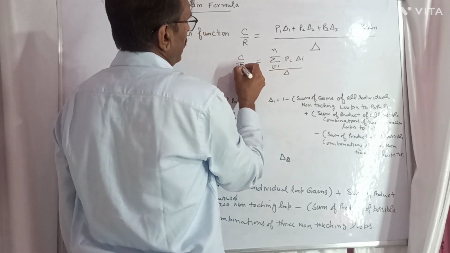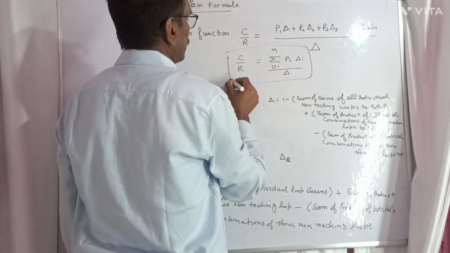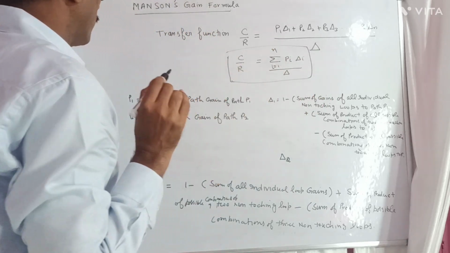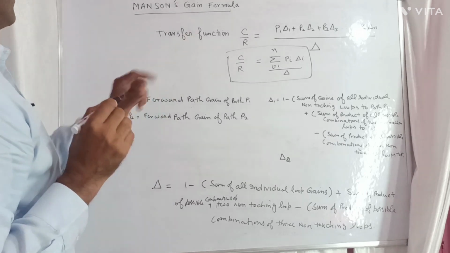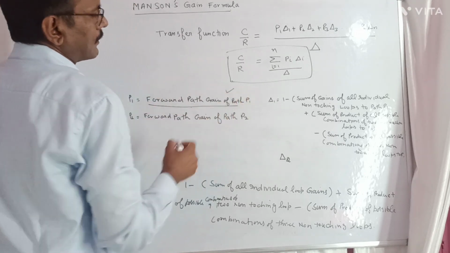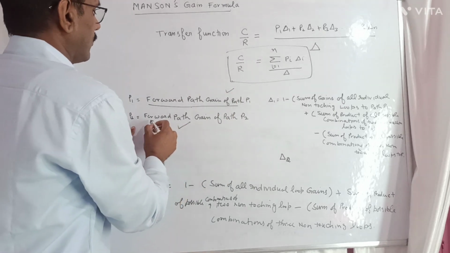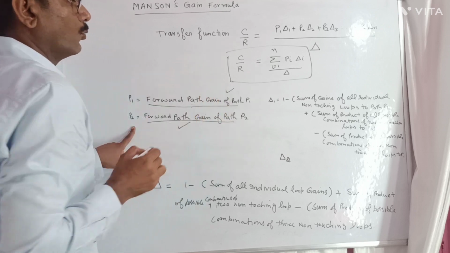This is the formula for calculating the transfer function of a control system by the signal flow graph technique, where P1 is the forward path gain of path P1 and P2 is the forward path gain of path P2.